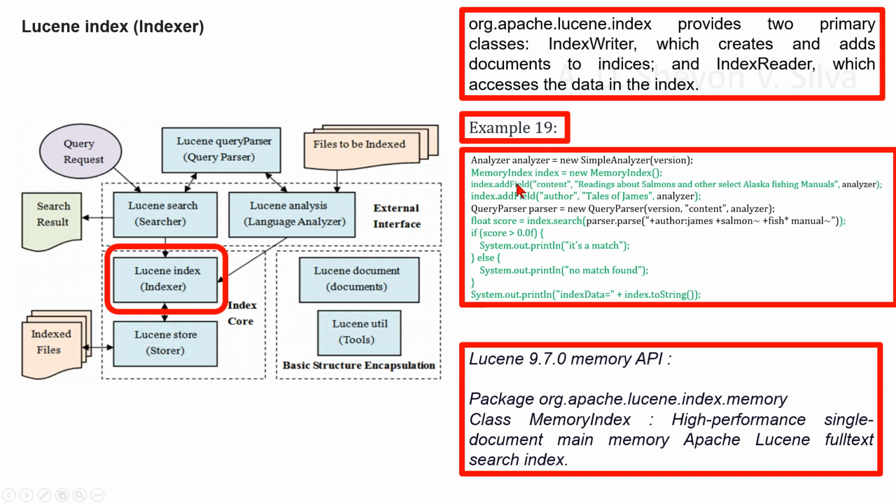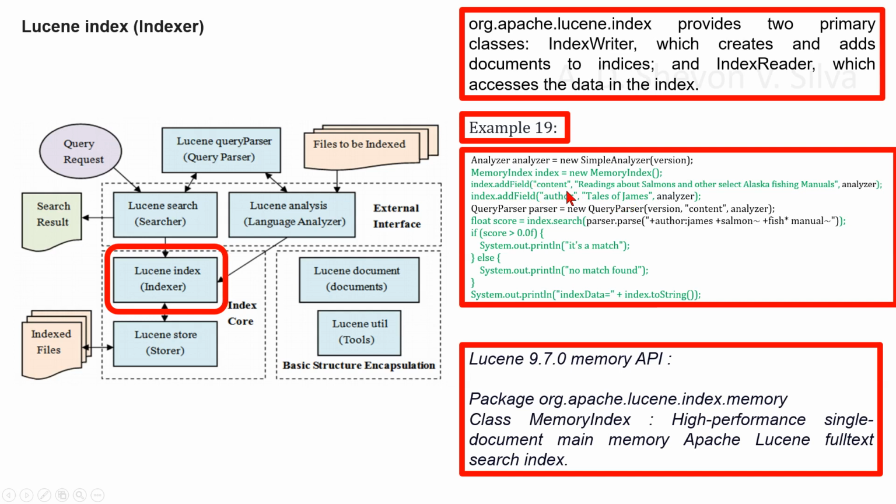Prospective search, for example, as in here. This instance can hold at most one Lucene document, with the document containing 0 or more fields, each field having a name and full text value.